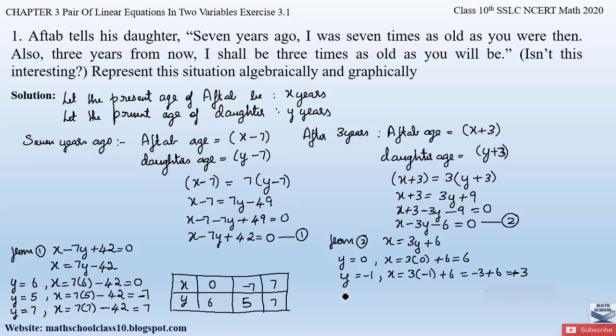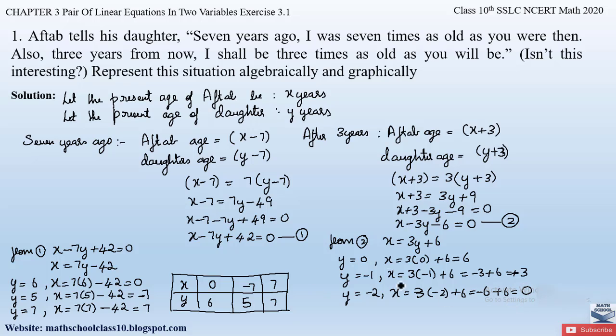Similarly, let us take y equal to minus 2, because if we take positive values, we will get bigger numbers for x. So let us take negative values for y. So x is equal to 3 into minus 2 plus 6. 3 2s are 6 with a minus sign. Minus 6 plus 6 you will get, so that will be equal to 0.